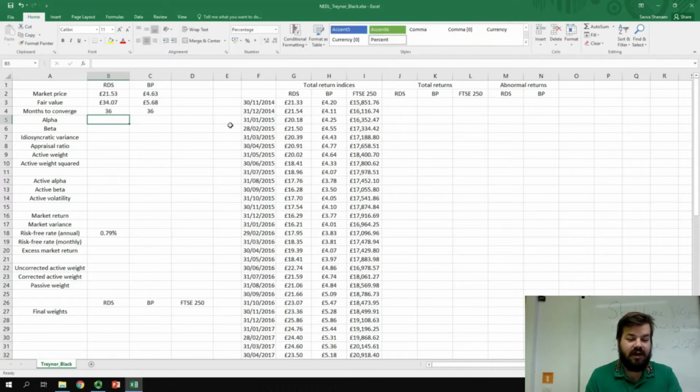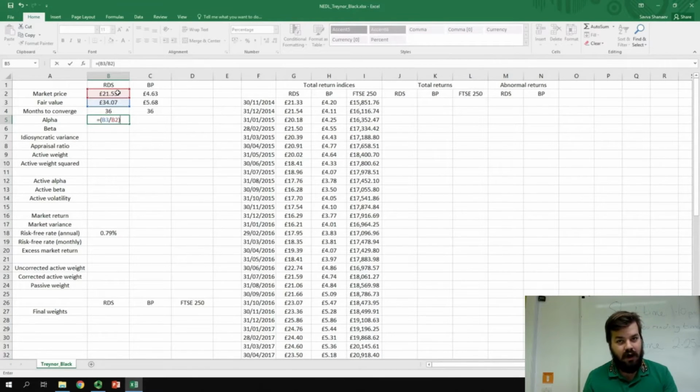And then we can calculate alpha, the abnormal return related to the fact that these stocks are undervalued. To do that, we just need to divide the fair value by the market price, and we'll have the rate of total appreciation. So how much higher is the fair value relative to the market price?